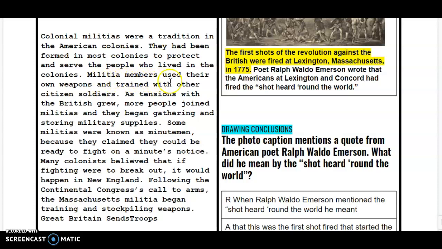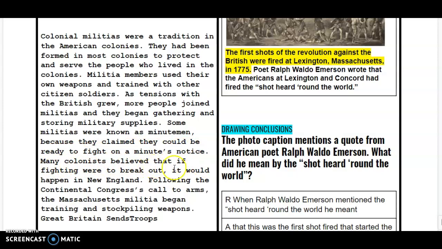Militia members used their own weapons, and they trained with other citizen soldiers. As tensions with the British grew, more people joined militias, and they began gathering and storing military supplies. So some militias were known as Minutemen because they claimed that they could be ready to fight in a minute's notice.